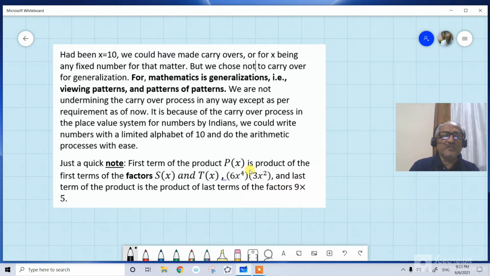The first term of the product of S(x) and T(x) will be the first term of the product P(x), that is 6x to the power 4 into 3x square. Similarly, the last terms of the polynomials S(x) and T(x) will be multiplied to give the last term of the product P(x), that is 9x into 5.